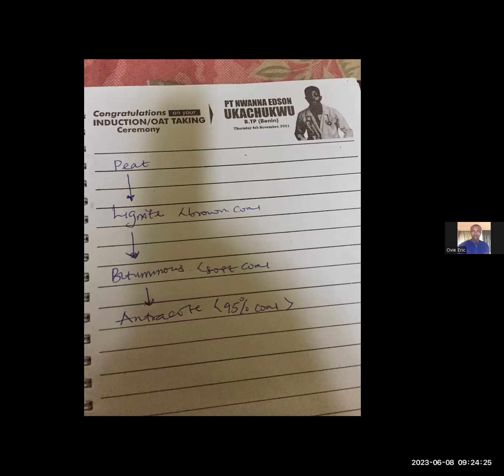What are carbonaceous materials? Carbonaceous materials are materials that contain carbon, and they surround us.